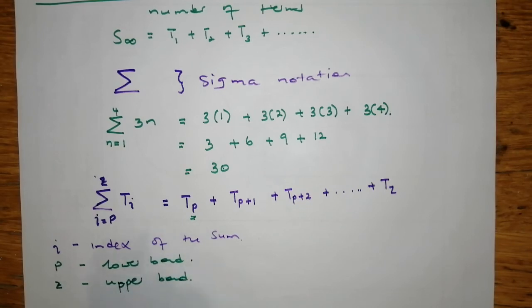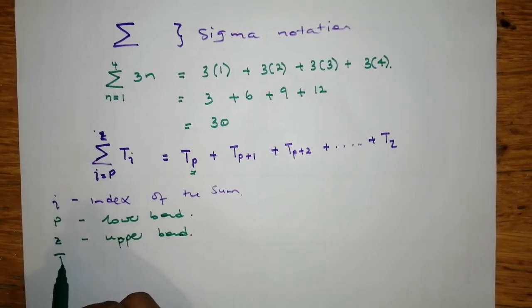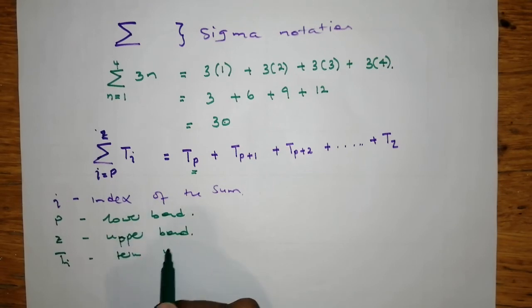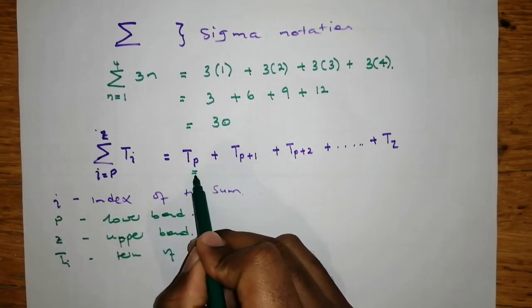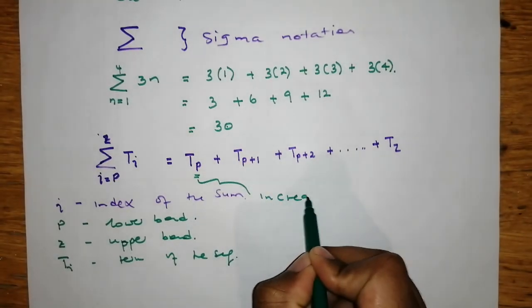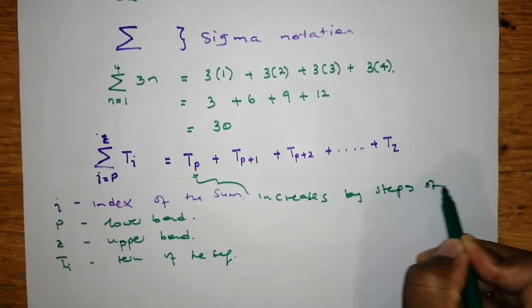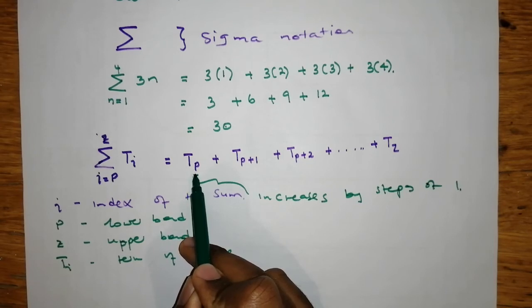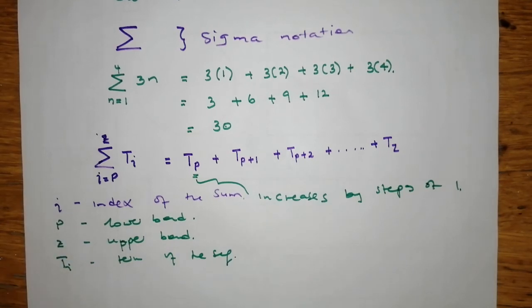The Ti is the term of the sequence. Another very important thing, guys, is that the index of the sum increases by steps of 1. As you can see, this is P, then P plus 1, P plus 2, and so on and so forth.